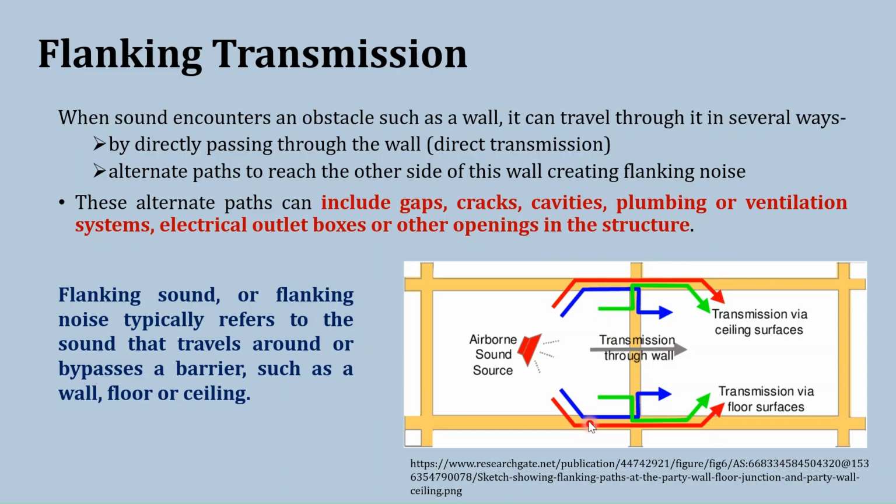Within each transmission we can see three different types of passage. One is represented by the red color, one by the blue color, and the third one by the green color. So it can take an alternate pathway to reach the adjacent room.